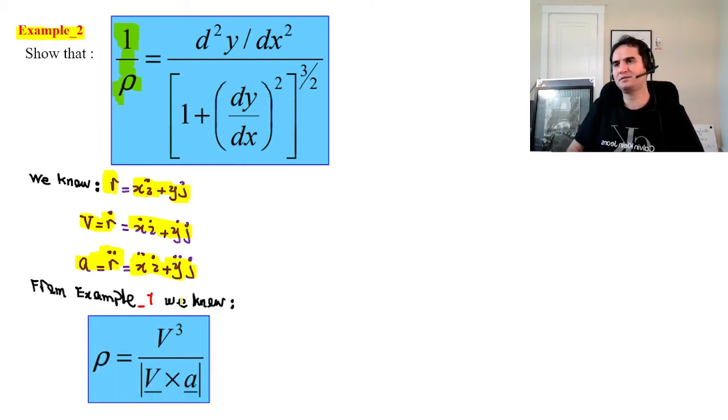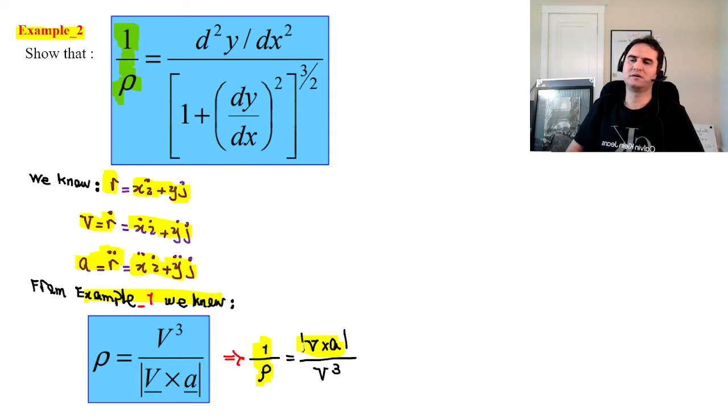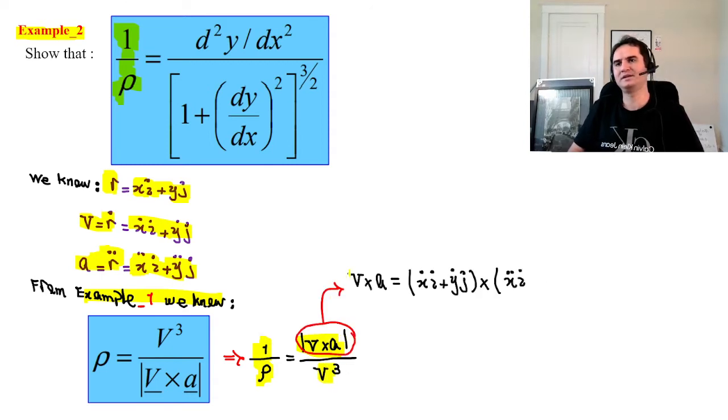From the previous example, we know that rho goes by this equation, and if we rearrange that equation for 1 over rho, the absolute value of v cross product a comes in the numerator, and v cubed goes to the denominator. Let's work on the numerator.